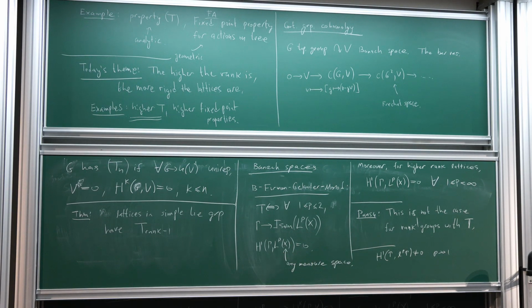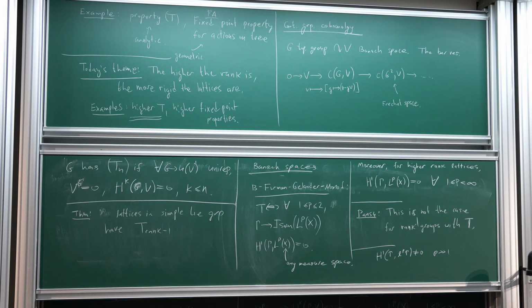And you have property Fa, which is a geometric property. I want now to relate the two for higher property T. So it is not correct that higher property T with unitary coefficients implies fixed point properties, or we don't know it. But the L1 coefficients, which I emphasized already, do it.